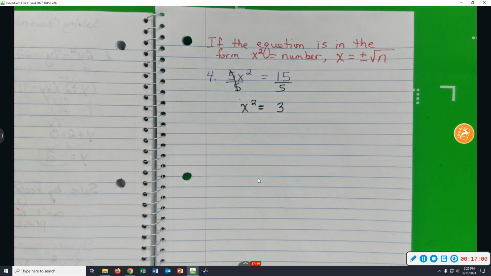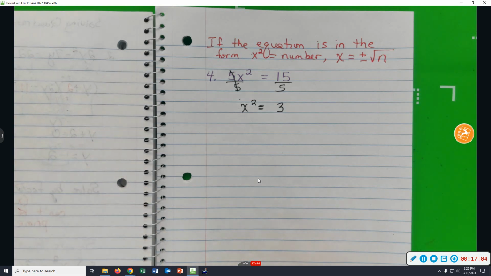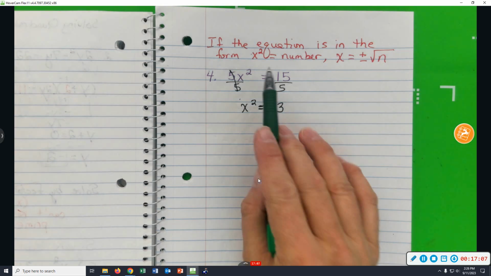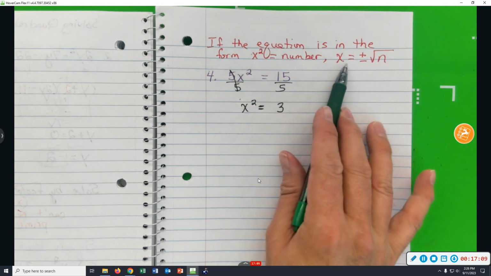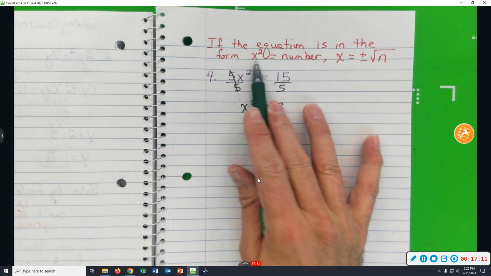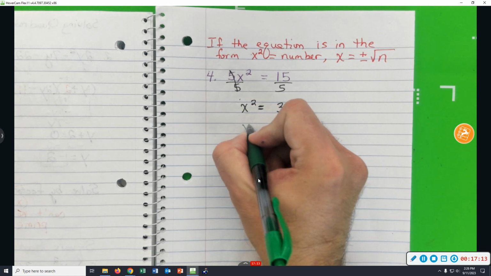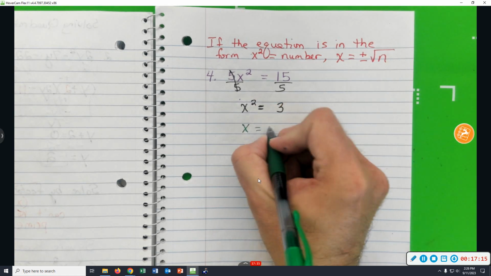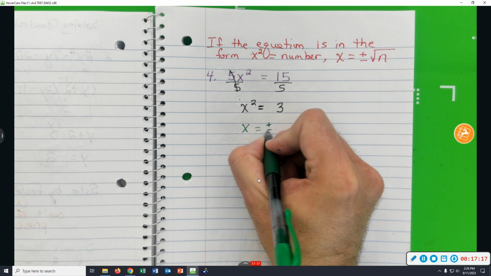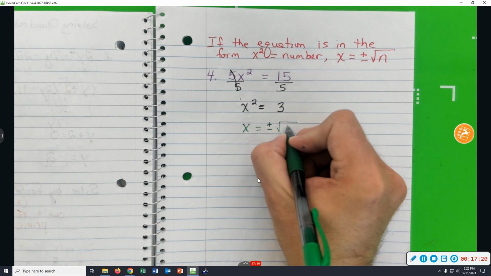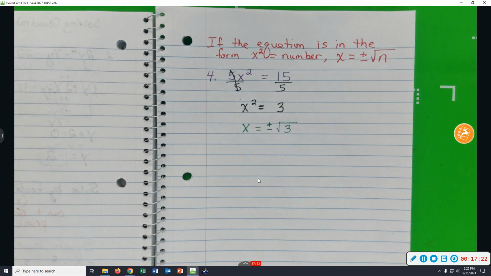Now, 3 is not really a perfect square, is it? But don't let that panic you. You can still do what we did up here. You drop the square on the left and take the positive and negative square root of the number on the right.